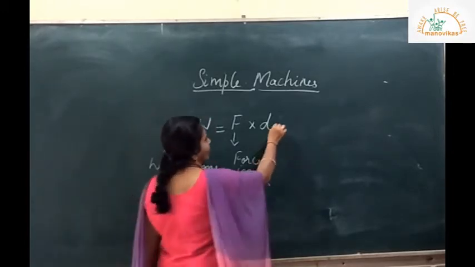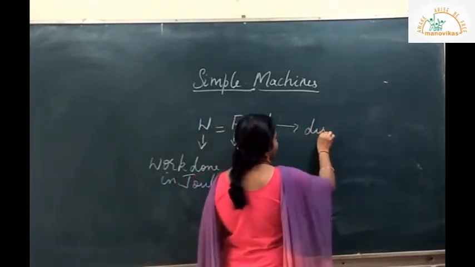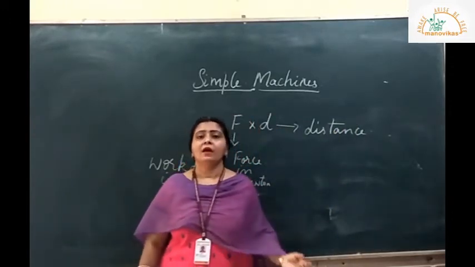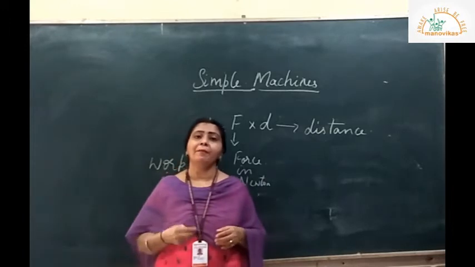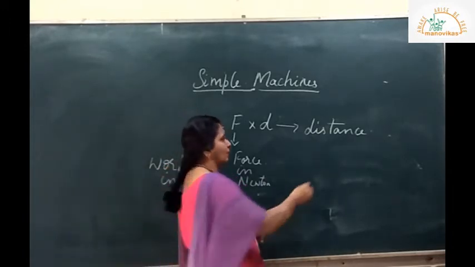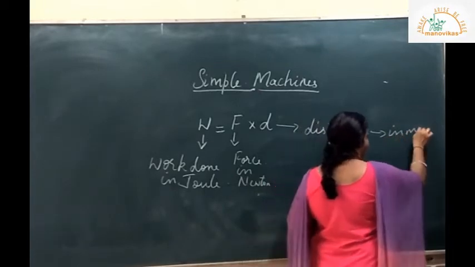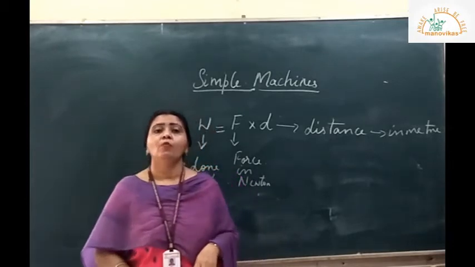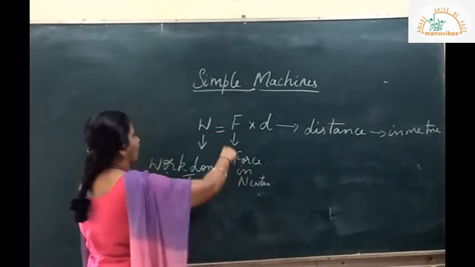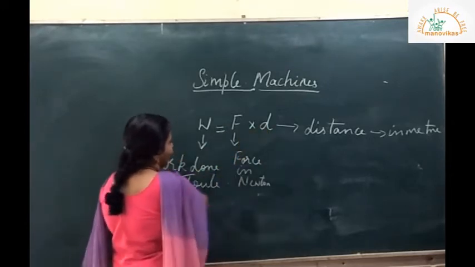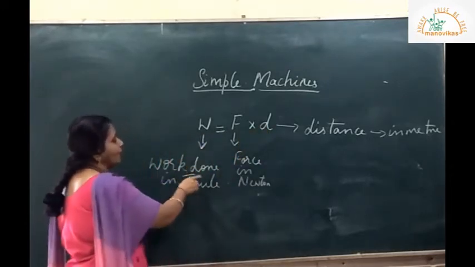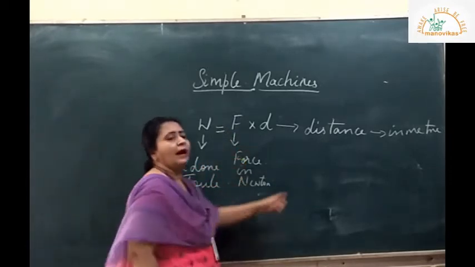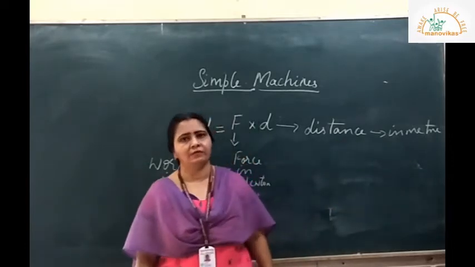D is the distance moved by a body in the direction of the applied force, in meters. So this is the formula for work: W equals F into D, where W is the work done in Joules, F is the force in Newtons, and D is the distance in meters.